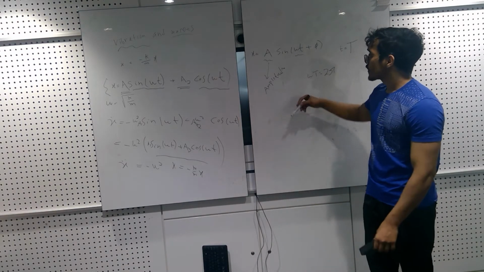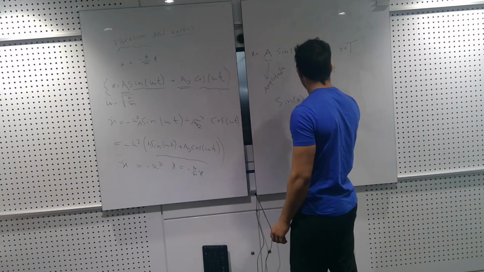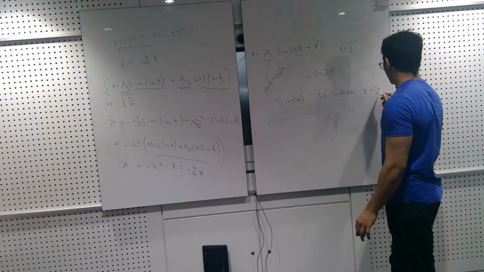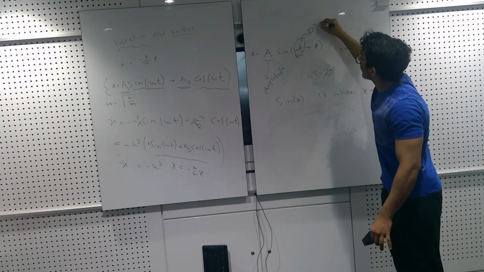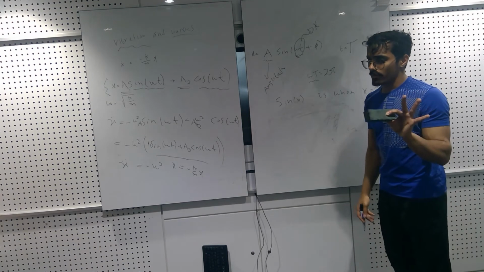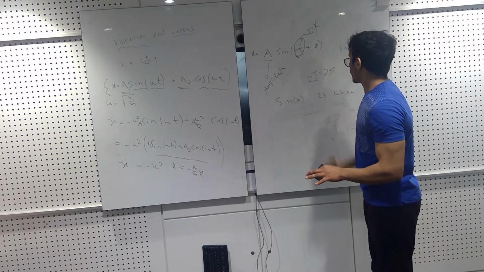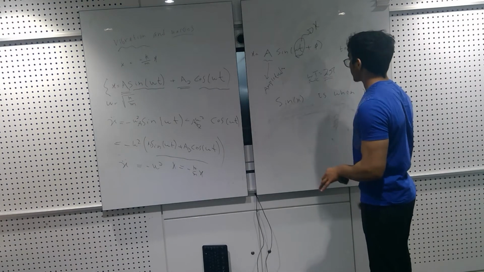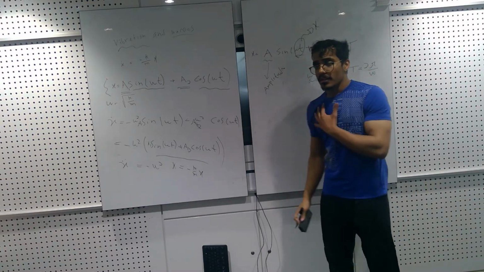The period of the simple sine function is when x is equal to 2 pi. If we let x be this thing, omega t, we're talking about when t is equal to the time period. So omega t is equal to 2 pi, so t is equal to 2 pi divided by omega. So that's the period of the simple harmonic motion.